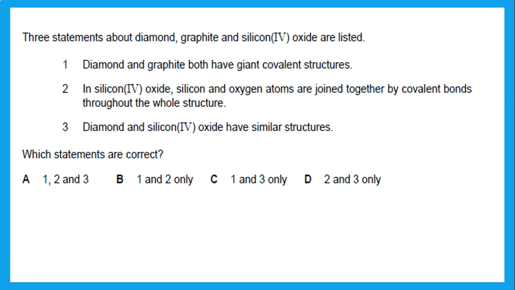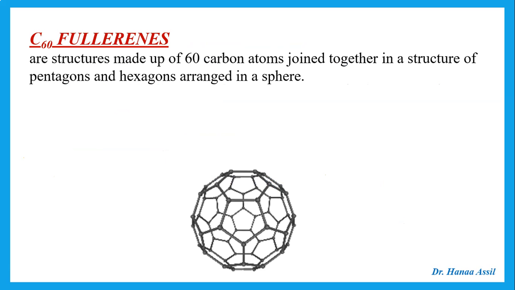We said it's a three-dimensional tetrahedral structure in which there are covalent bonds between all the atoms. Diamond and silicon dioxide have similar structures. Yes, we said diamond and silicon dioxide both have a giant three-dimensional tetrahedral structure. So actually all these statements are correct.